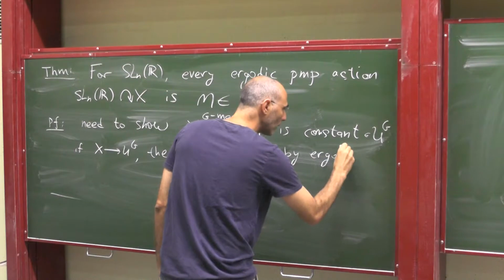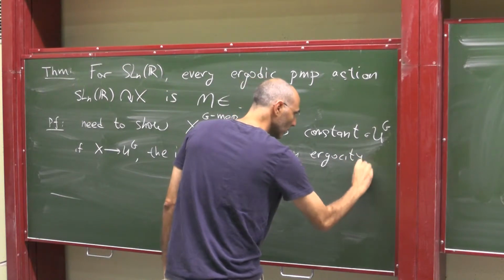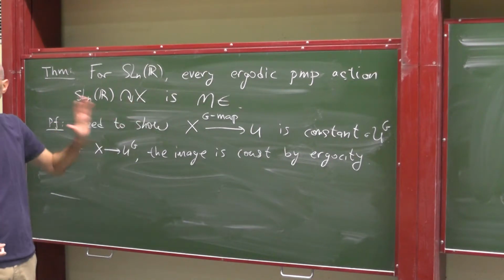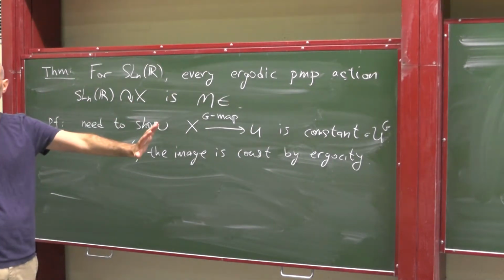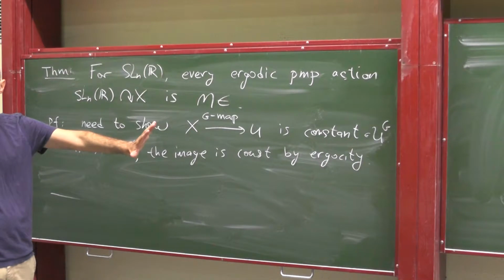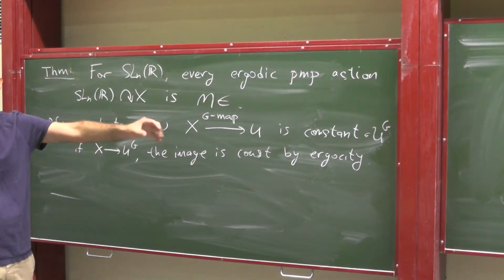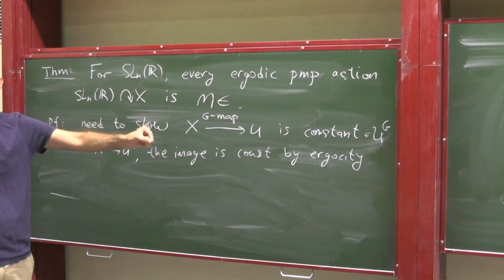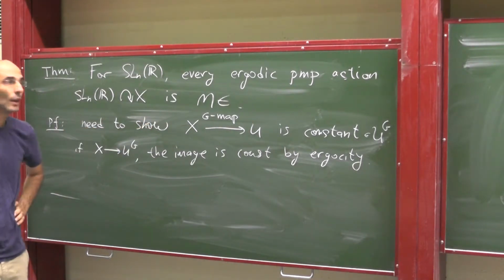If there was no action of X, if there was no action on U, and you try to map X into U, this will be an invariant function into a nice space, and the image must be a point, a delta measure at a point, the image measure.